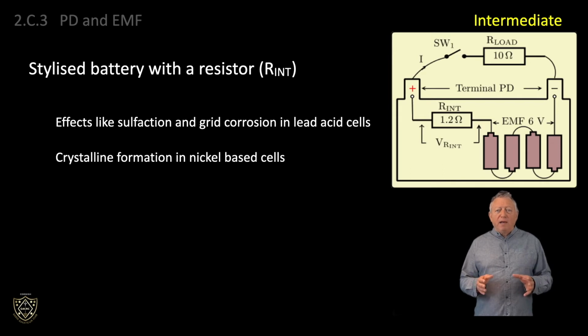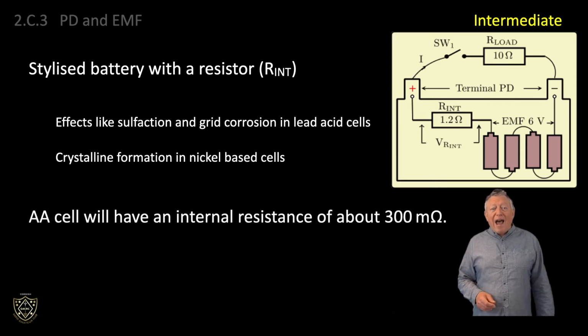These chemical mechanisms are beyond the scope of the intermediate course, and it's sufficient to know that there is internal resistance and convenient to represent it as a single imaginary resistor, although, of course, it's distributed within the cells.